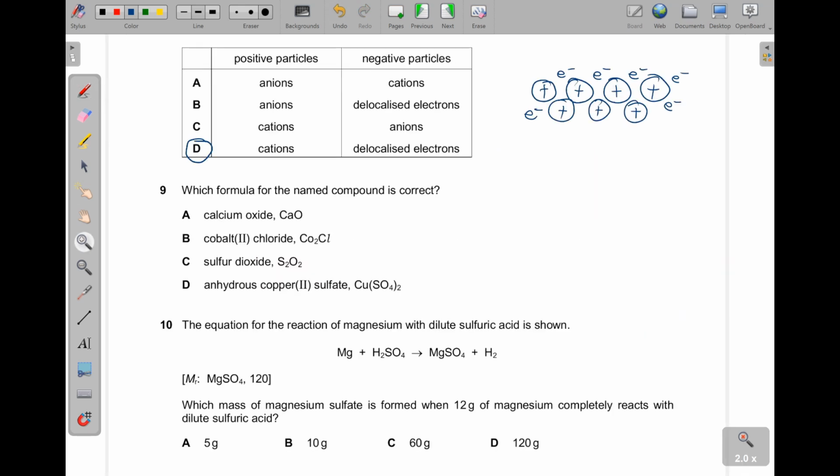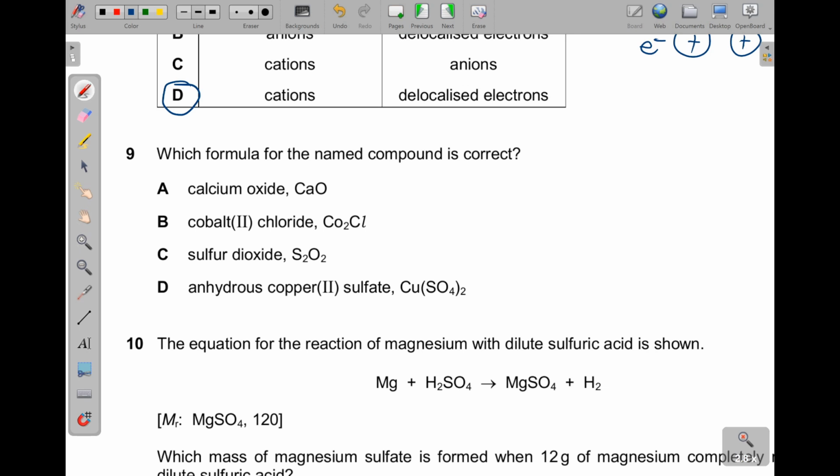Next, question 9. They are saying that which formula for the named compound is correct? Calcium oxide. Calcium is in group 2. It is in position 20. Okay, so we have 2, 8, 8, 2. Oxygen is in position 8. It is 2, 8. No. It is 2, 6. So this one requires 2 electrons to have a full octet.